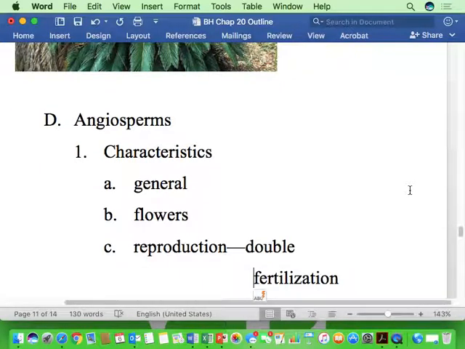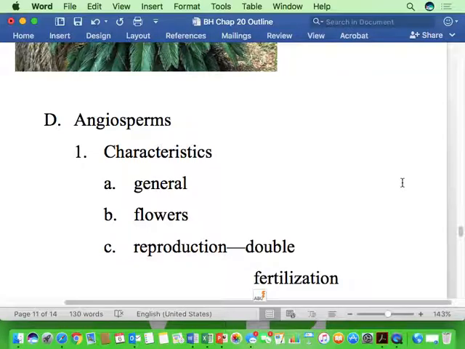The process of sexual reproduction in angiosperms is called double fertilization. So, as we said, in the pollen grain, there are two sperm per grain. And so each one of these sperm is going to fuse with a different part of the female reproductive system.